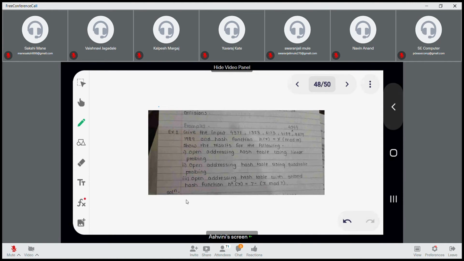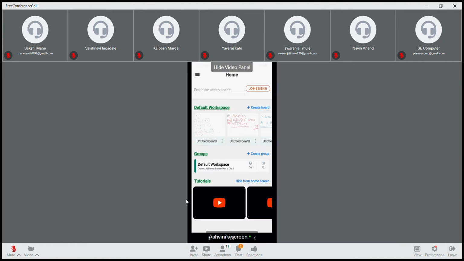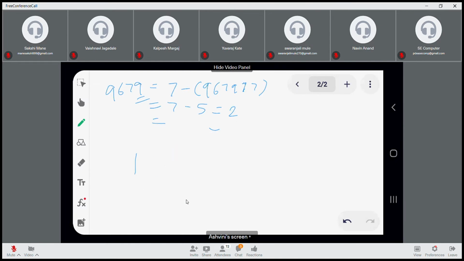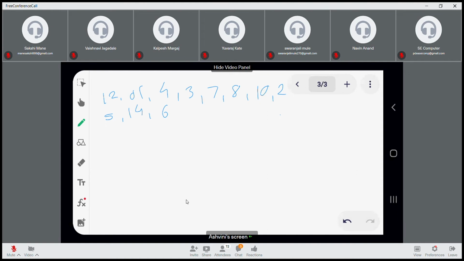Data is 12, 1, 4, 3, 7, 8, 10, 2, 5, 14, 6, 28.